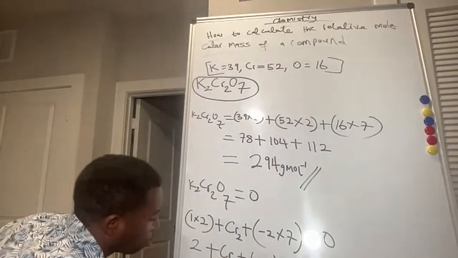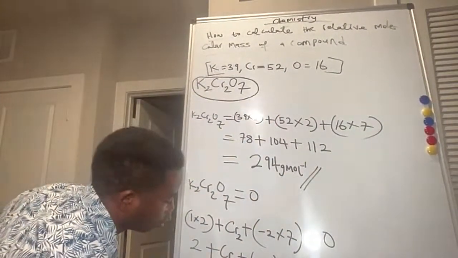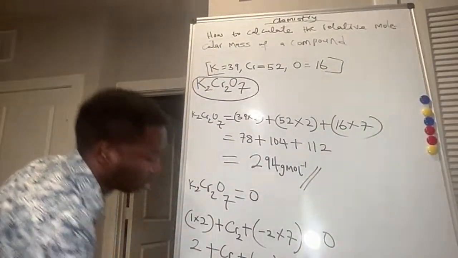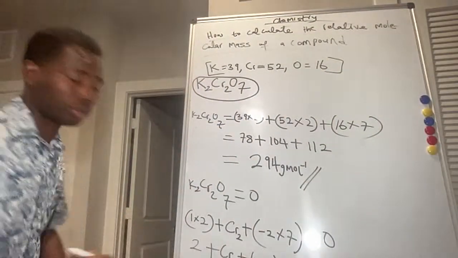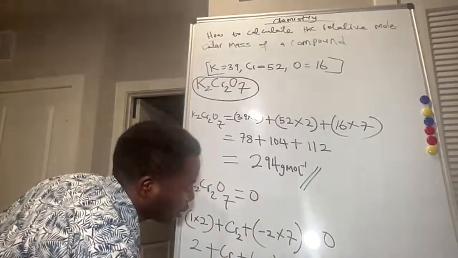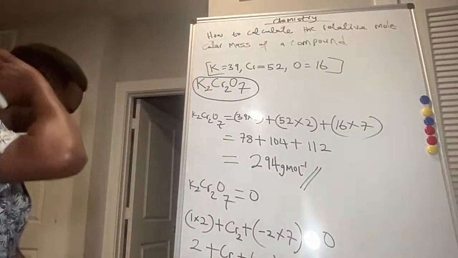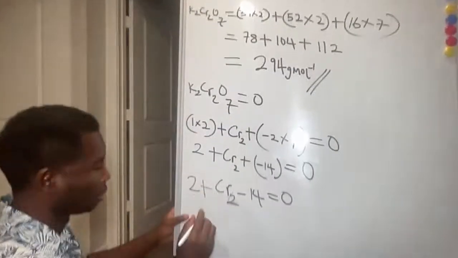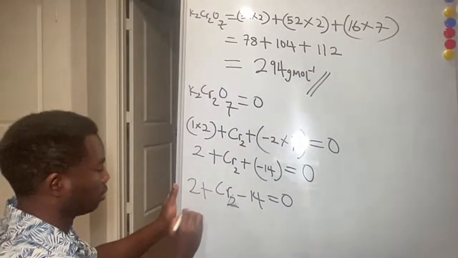So we have 2 plus chromium, plus times minus is -14, equal to 0. Now let's make chromium the subject of the formula.